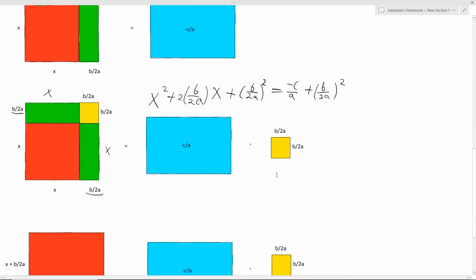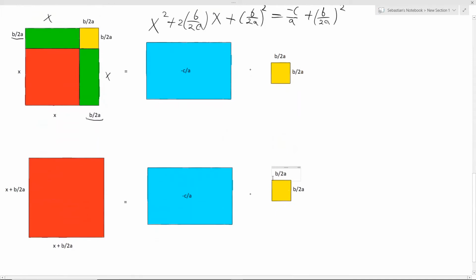Okay. And now what this allows us to do is, on this left hand side, we just have a single square, and the side length is equal to this side of the green rectangle, this b over 2a side, plus the x, which is the side length of the red square.